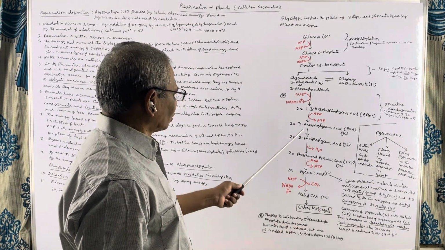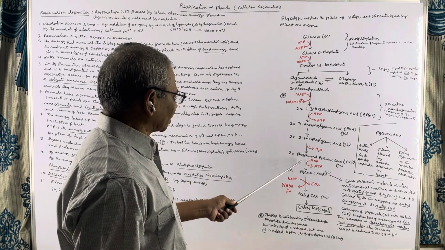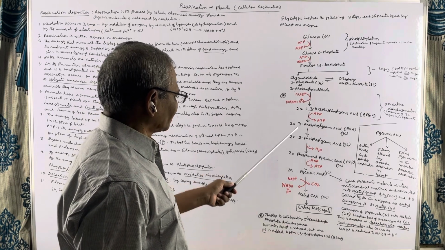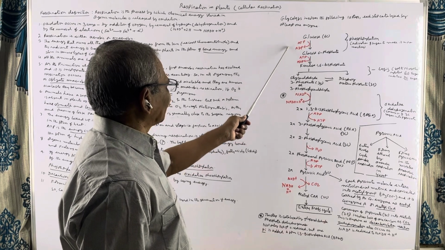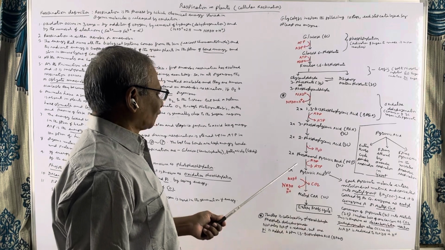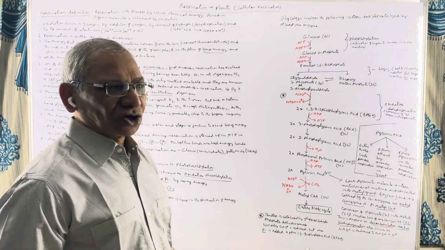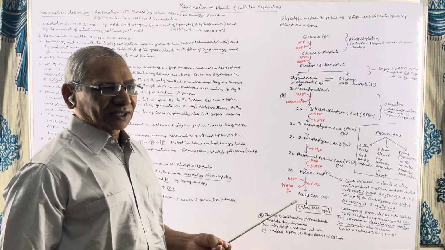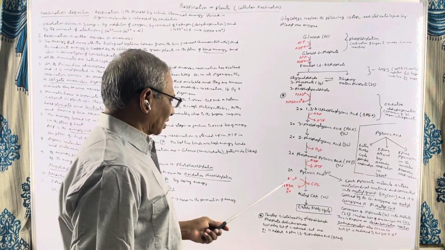That means 2 ATP molecules are generated here and 2 more ATP molecules are generated here. Altogether, 4 ATP molecules are generated. Then, in the beginning, there is expenditure of 2 ATP molecules. So the net gain is 4 minus 2 ATP molecules. So this is the total gain of glycolysis. At the end of glycolysis, the net gain is 2 ATP molecules.